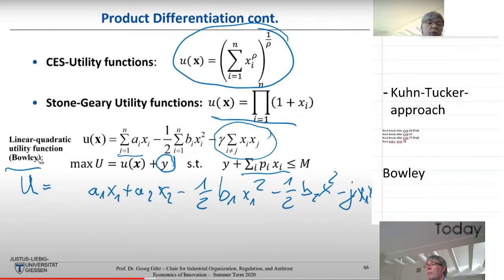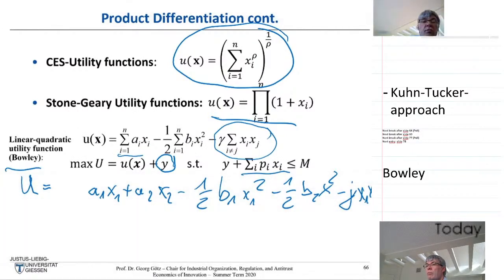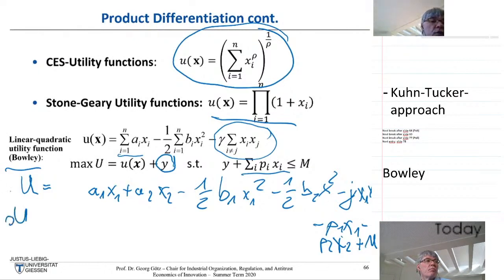So I just erase that here, and I just add here minus p1 x1 minus p2 x2 plus m.